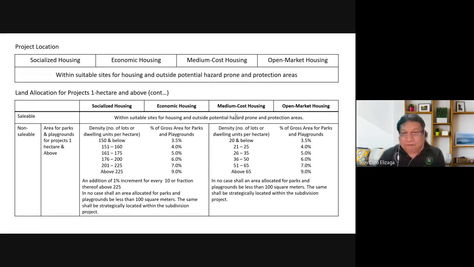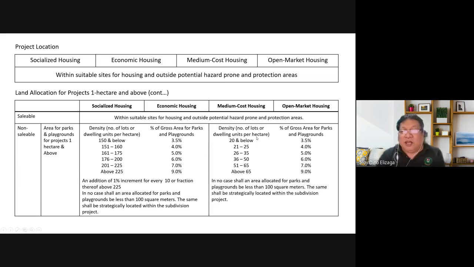So the site, there's no problem here because the site is given to you. But when it comes to saleable and non-saleable, there are percentages here depending on how many lots or dwelling units per hectare.